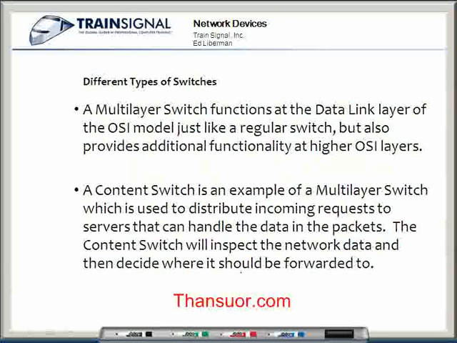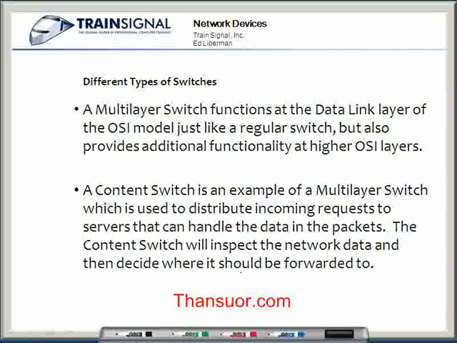Now, if we can take a step back for just a moment, I want to talk to you about switches. Because when we talk about a switch, it can get really, really confusing. And the reason why is because the switch that I described to you a couple of pages ago is the original concept of a switch.